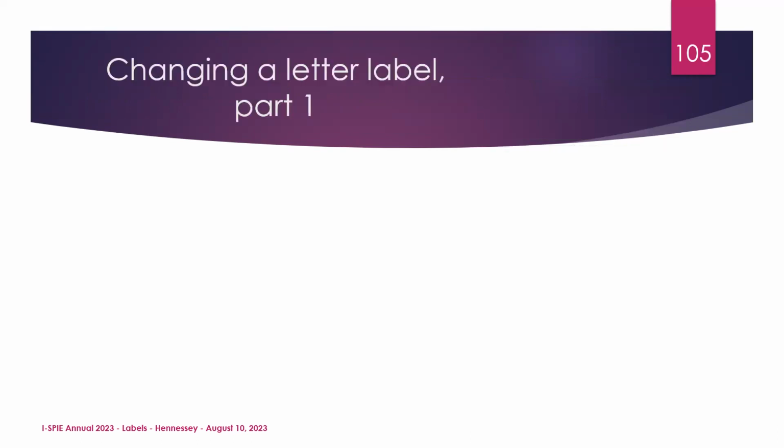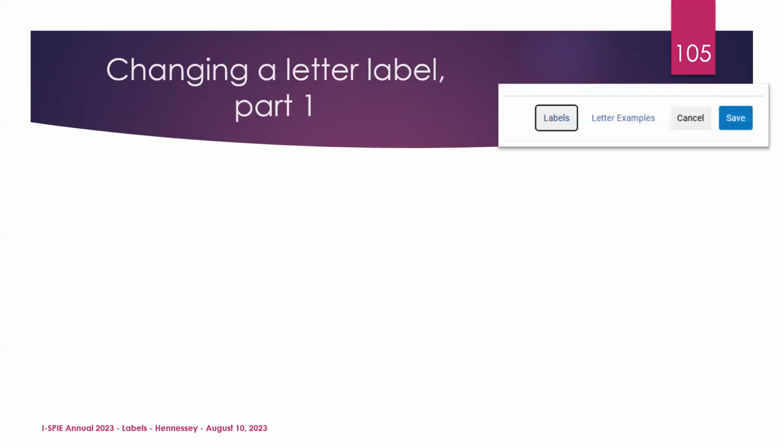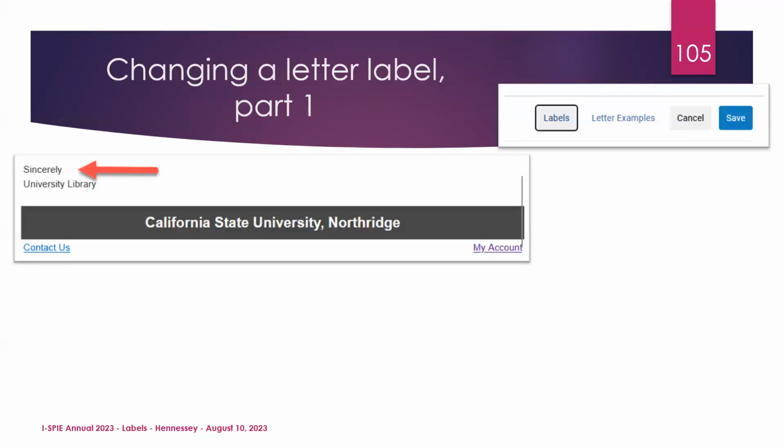And then I want to come back to the letter labels that I talked about earlier today. As I said, each of the letters has a label area. In this case, I don't know why all the "sincerely"s and the Ex Libris stuff don't have a comma on them, but it really bothers me.